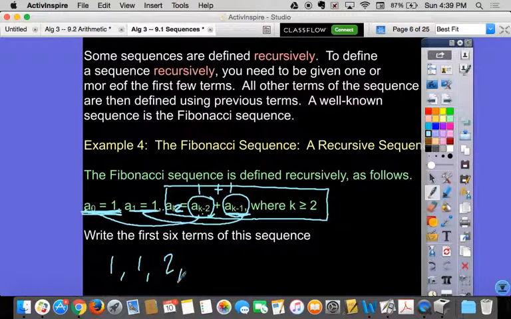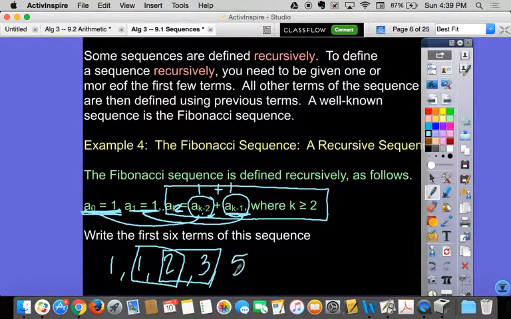And then whenever you go to a sub 3, it's going to say, hey, take the previous 2 and add them. And then when you go to the next one, it's going to say, hey, take the previous 2 and add them. And the same thing every time. That's recursive, okay? It builds on itself.